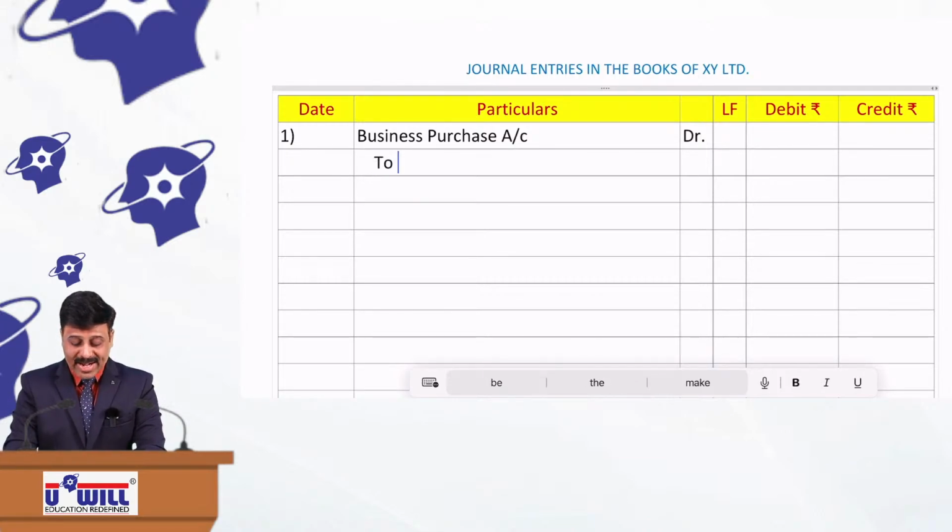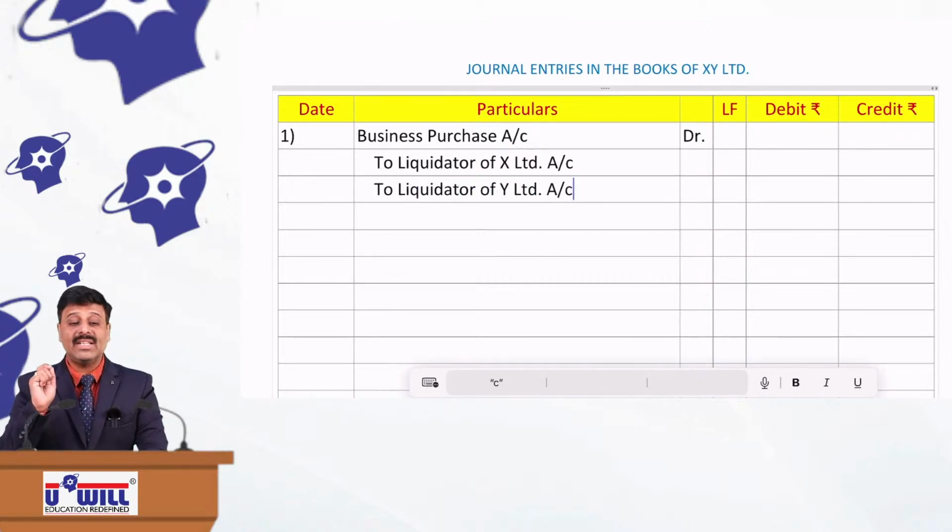So credit the payables, amount is payable, credit the payable to liquidator of X Limited account, and same way to liquidator of Y Limited account. So amount is payable, credit the payable, and amount is payable to whom? Liquidator. So to liquidator of X Limited account, to liquidator of Y Limited account.